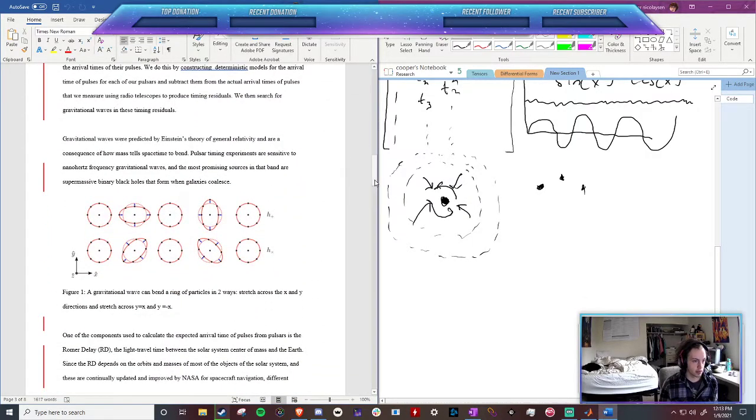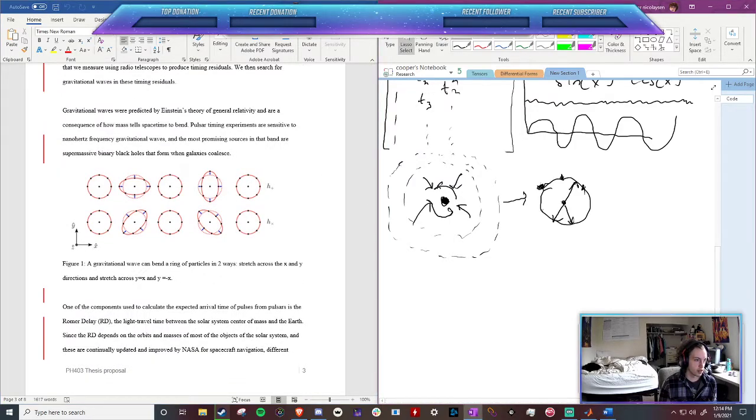So if you have a ring of particles, right, a ring of particles, when a gravitational wave comes through, it'll distort in some directions more than others. So you can see on the left we would get an ellipse in one direction, in the other direction, horizontal, vertical, and in our research we're not really talking about the bottom one at all, where it's like diagonal distortion of rings.